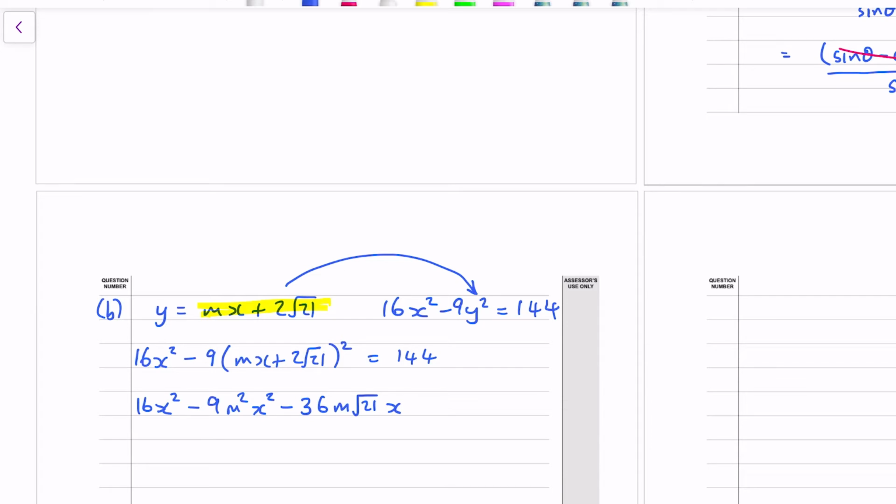And then the last term, which is 2 root 21 all squared, so it's 4 times 21, which is 84, times 9, turns out to be 756, minus 144 equals 0, and then put this into standard form.